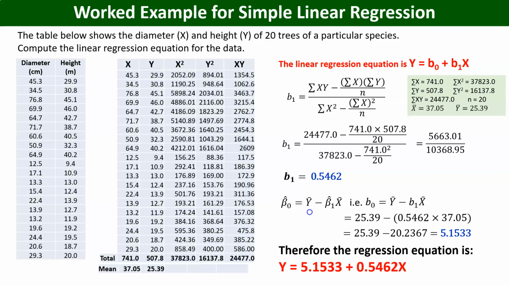So our regression equation is y equals 5.1533 plus, because B1 is a positive value, so we say plus 0.5462x. So that's the regression equation we are tasked to compute.